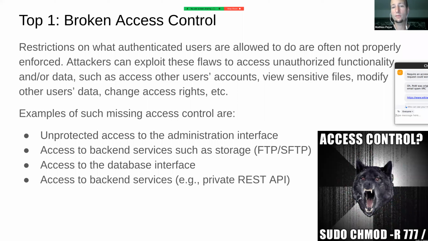Attackers can exploit these flaws to access different kinds of functionality and data, such as other users' accounts. Remember, this is all running on the same system, right? The process is running as the web service. If you're logged in on your system and you're running a program, you're running the program under your user.